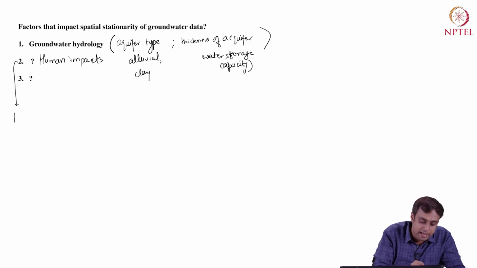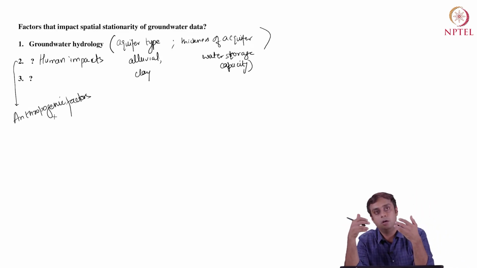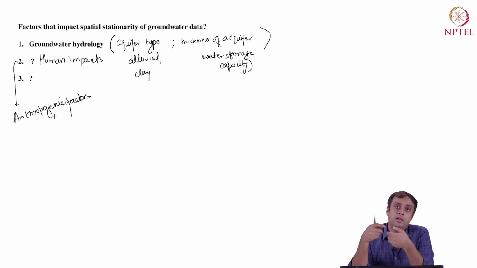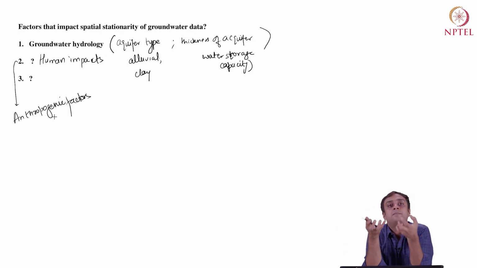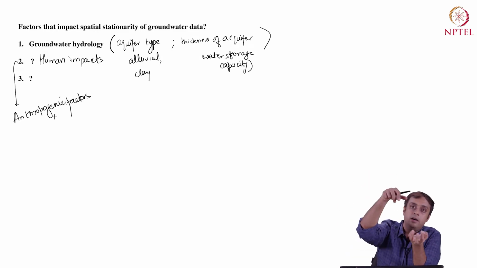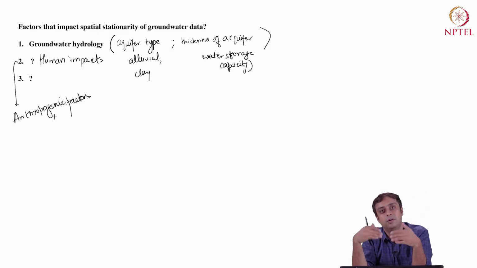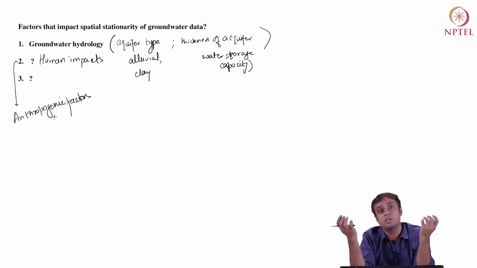These can also be termed as the anthropogenic factors of groundwater dynamics, right? Well, you can have exactly the same hydrology beneath the ground, but if you put a farmer on top or a leather factory or a sugar factory on top, you can expect very different groundwater level dynamics at those two locations, and we should not treat them as the same domain.